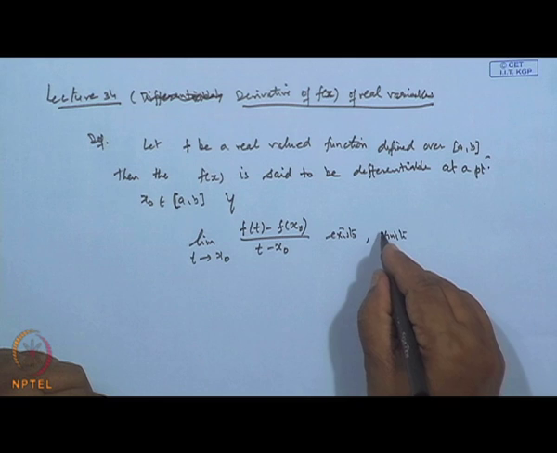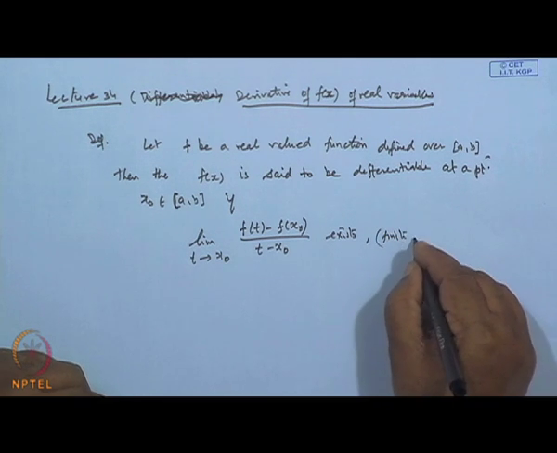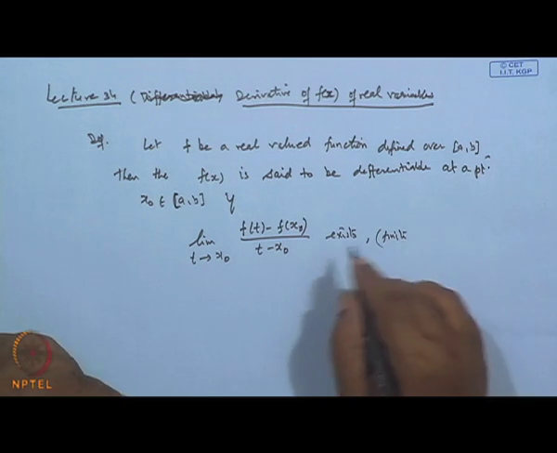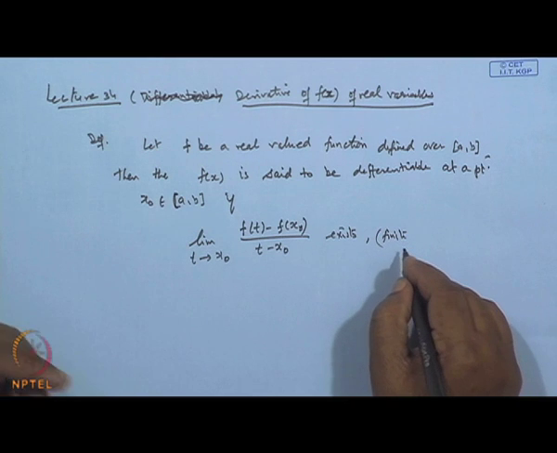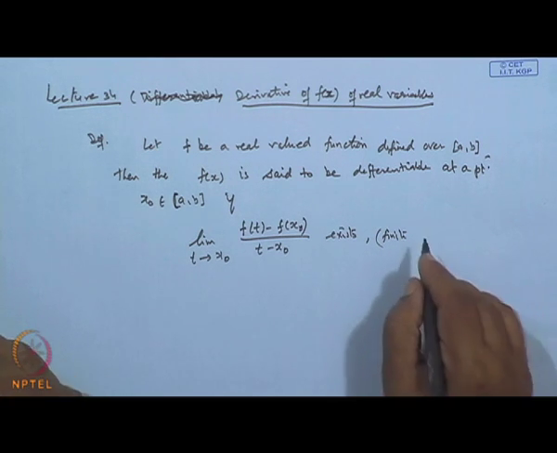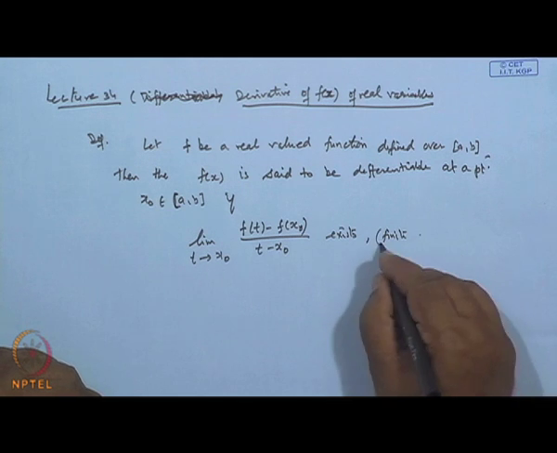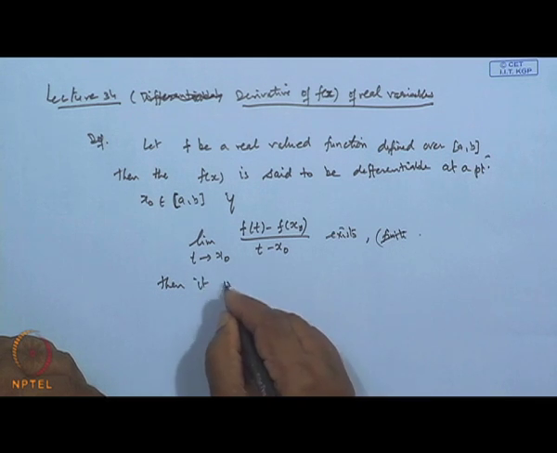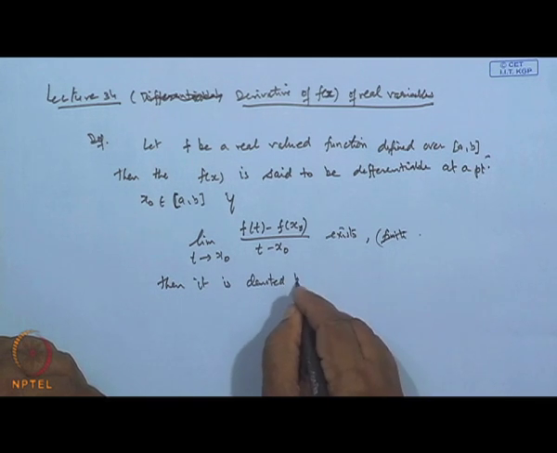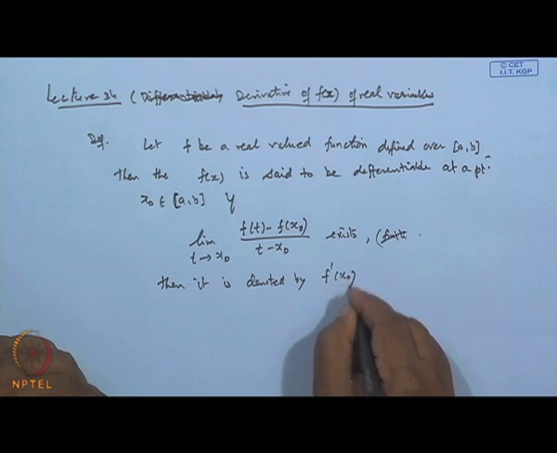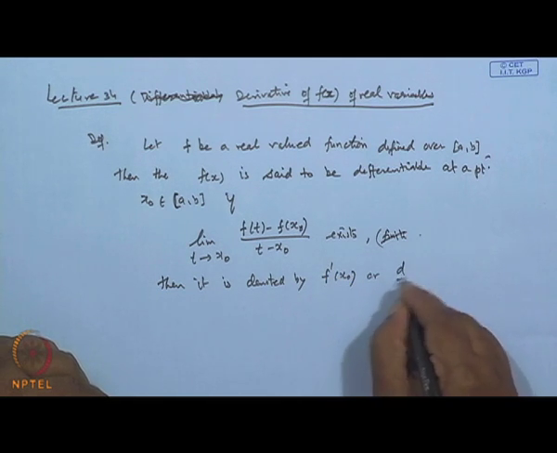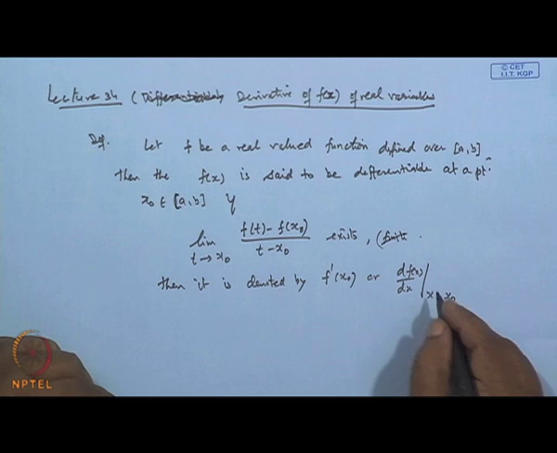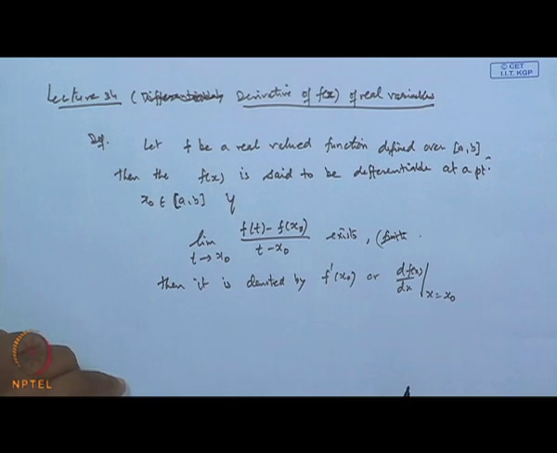In case it is infinite, we can discuss the case of infinity later on only. So, let us say it just exists, then it is denoted by f prime of x naught, or we also say d over dx of f(x) at the point x equal to x naught. That is also a notation used for the derivative at this point.